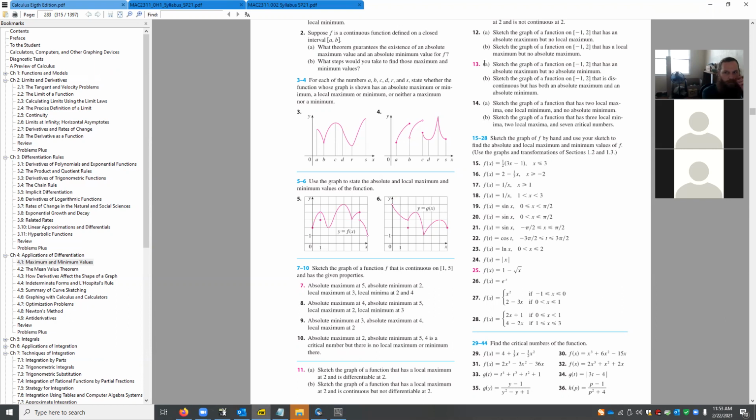So I'm going to sketch the graph of a function on [-1, 2] that has an absolute max, but no absolute min.